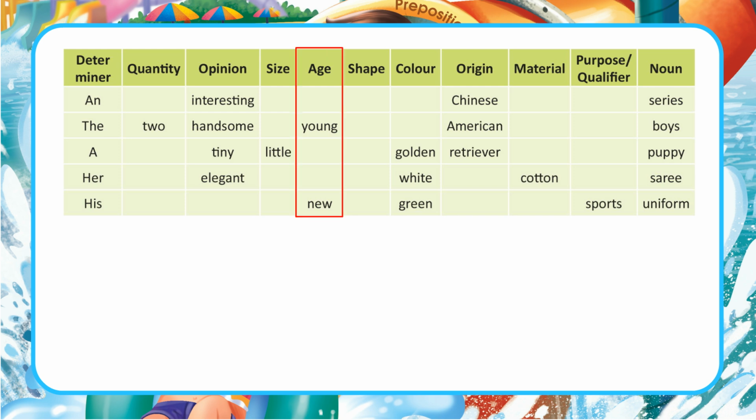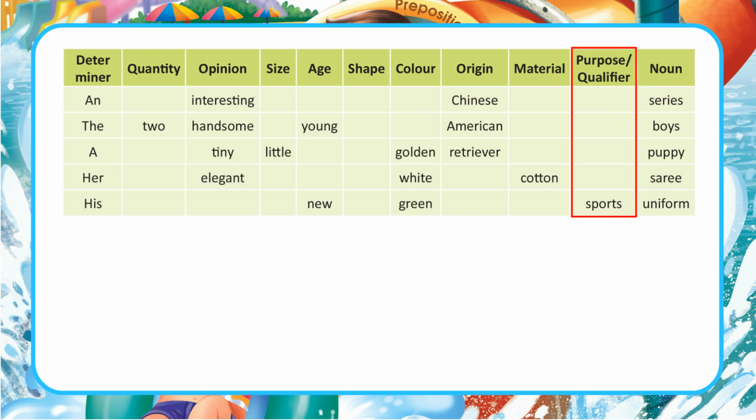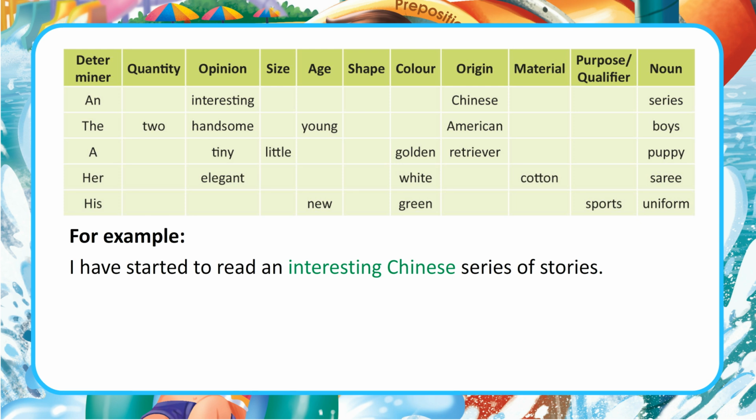Age: young, new. Shape. Color: golden, white, green. Origin: Chinese, American. Type: retriever. Material: cotton. Purpose/qualifier: spots. Noun: series, boys, puppy, sari, uniform.